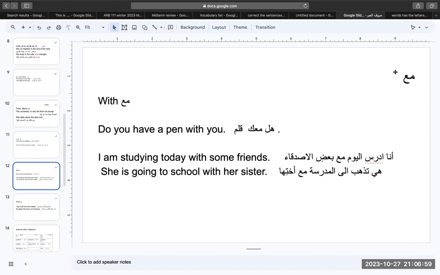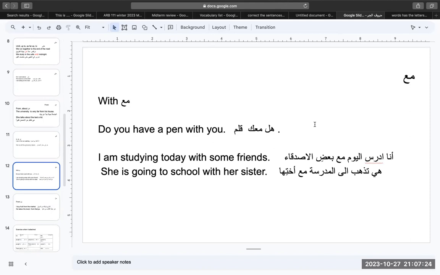مع. And here, شباب, with مع, please focus with this one. Because in the Arabic language, in English, for example, I am writing with the pen. We don't say أنا أكتب مع القلم, because مع means with. So be very careful when you try to translate this one.